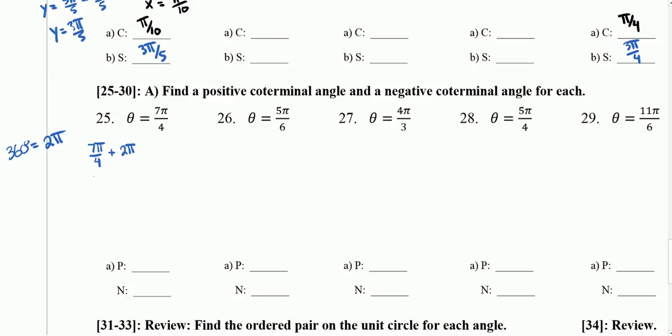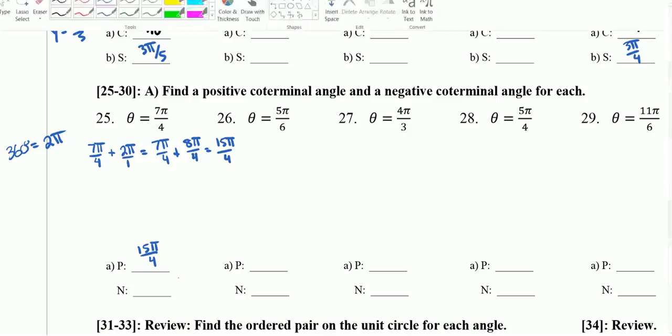So this is the same thing as 7 pi over 4 plus 8 pi over 4. I multiply top and bottom by 4 because it was 2 pi over 1. And that's going to give us 15 pi over 4. And that's another positive coterminal angle, meaning that their terminal sides point in the same exact direction.